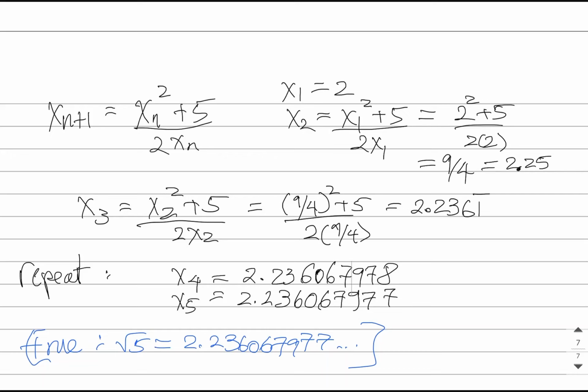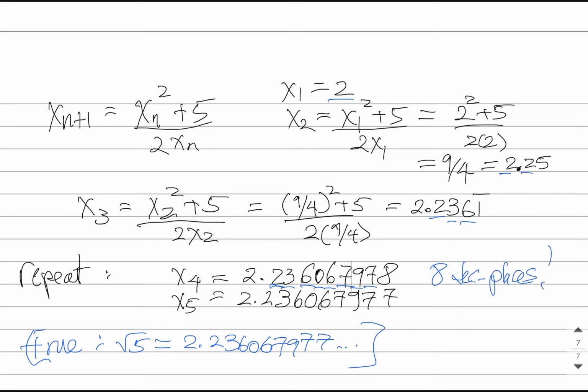Now, my first iteration was only accurate to before the decimal point. My second iterate here was 1 decimal place accurate. My next iterate was 3 decimal places accurate. And by the time I got to the fourth iterate, I had 1, 2, 3, 4, 5, 6, 7, 8 accurate.